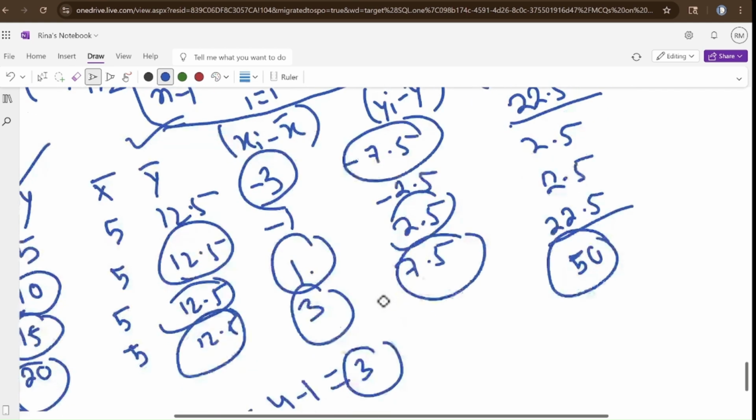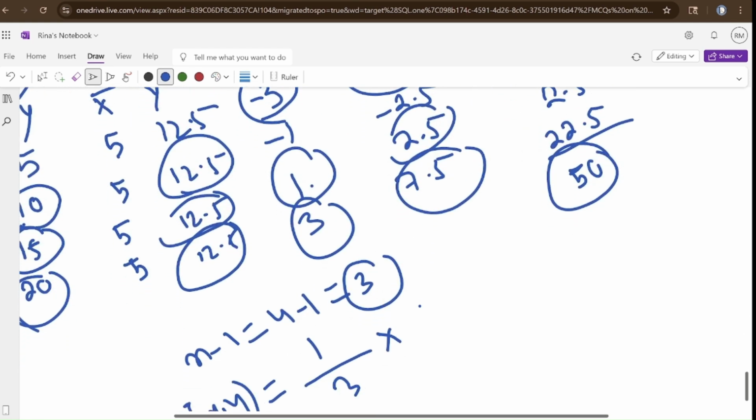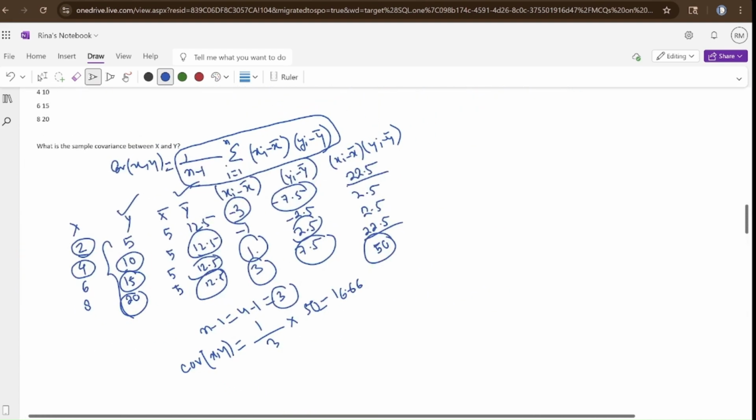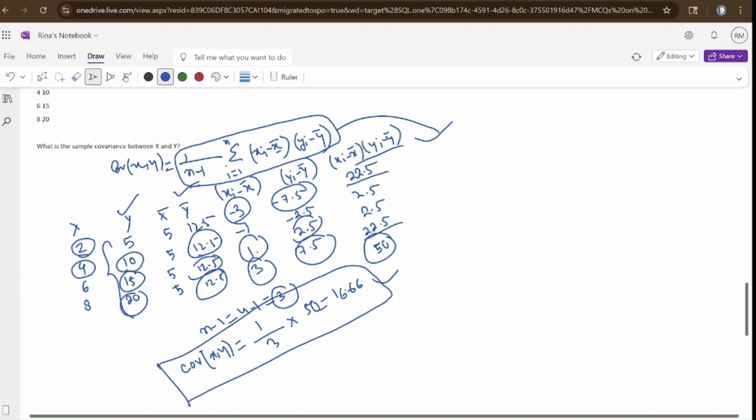Now we can write 50 divided by 3, which is 16.67. Let's understand how we calculated. We calculated x bar, y bar, x minus x bar, y minus y bar, multiplied them, and put in 1 by n minus 1. Perfect. This is how you can calculate covariance.